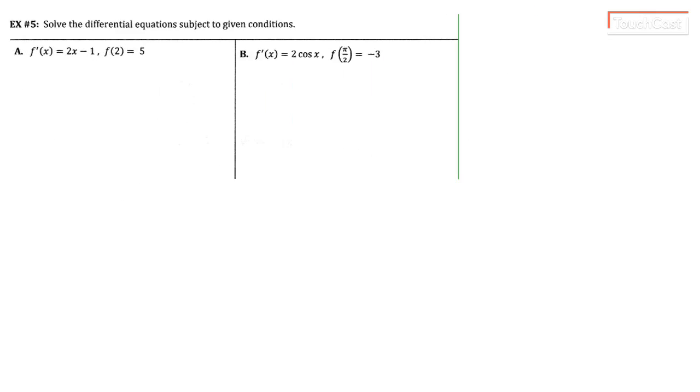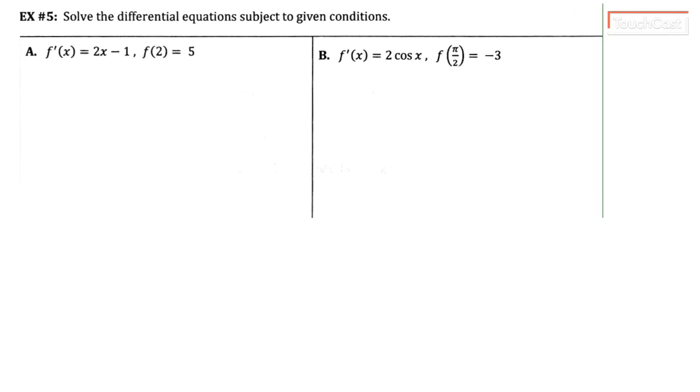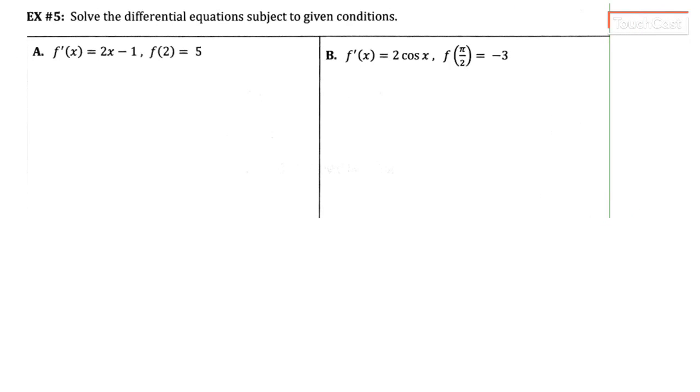So in example 5, we're going to solve the differential equations given different conditions. Here in example A, we know the derivative is 2x minus 1, and we have a point at f of 2 equals 5, where x is 2 and y is 5. So let's start by finding the antiderivative.